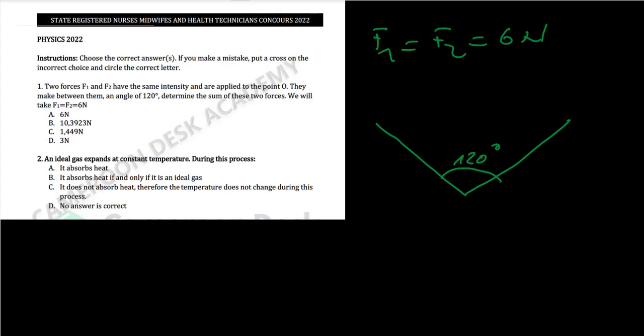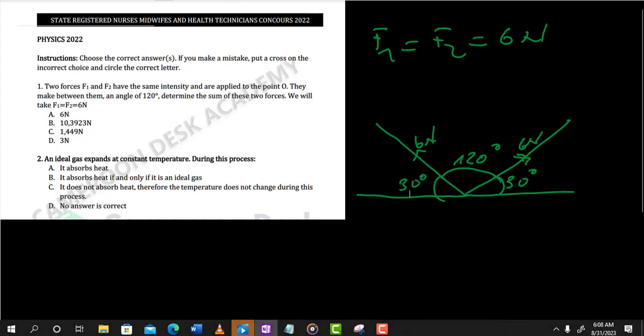And since these two forces have both intensities, this is 6 Newton and this is 6 Newton, their actions are definitely going to be the same. So the measure of the angle with respect to the x-axis will be 30 degrees and this one will be 30 degrees. So they all sum up to 180 degrees.